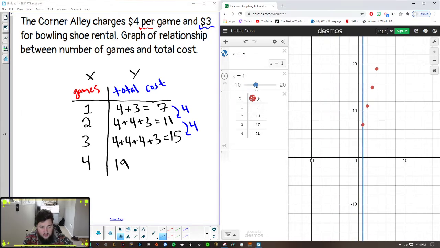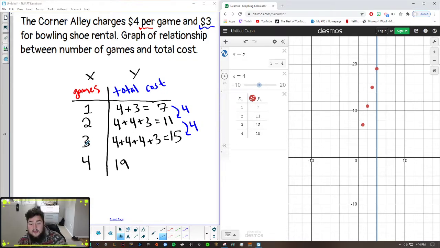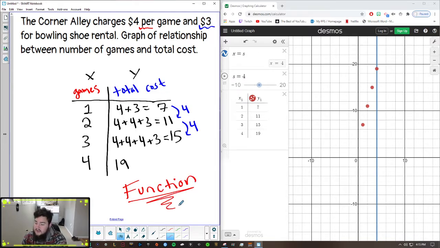I only hit 1 point there. I'm only hitting 1 point, 1 point, 1 point. So I'm never hitting more than 1 point at a time. So this passes the vertical line test. So I know that this is a function.